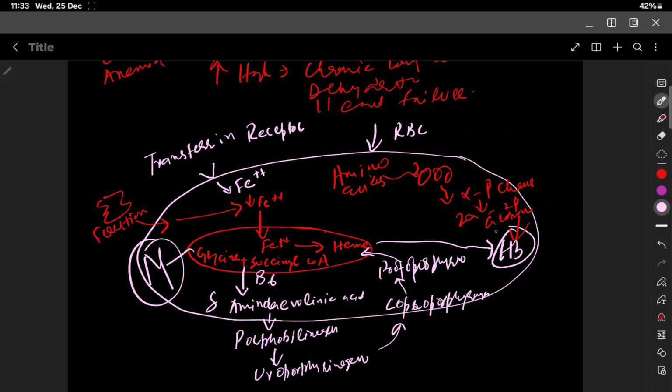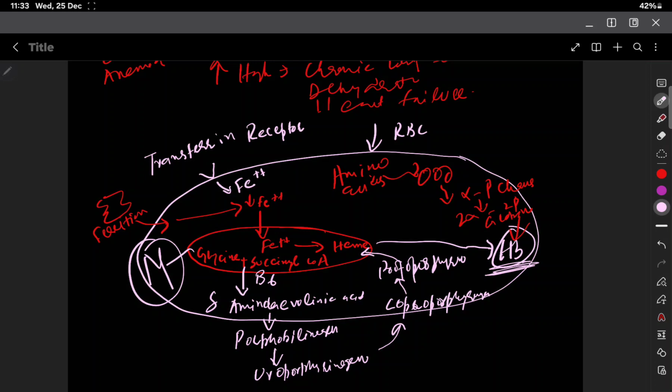And another way by which hemoglobin is formed is from the amino acids which are transported to the ribosomes, where protein synthesis occurs, means 2 alpha and 2 beta chains are formed, the globin part. This globin part then reacts with the heme part and gives rise to the formation of the hemoglobin. So this is how the hemoglobin is formed.